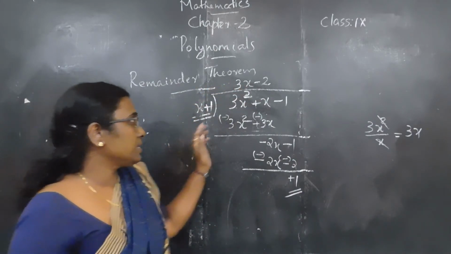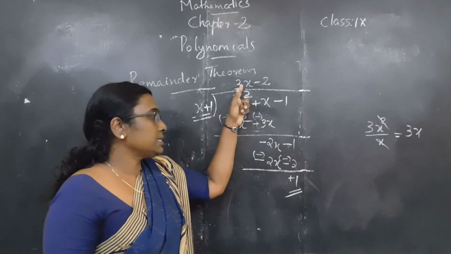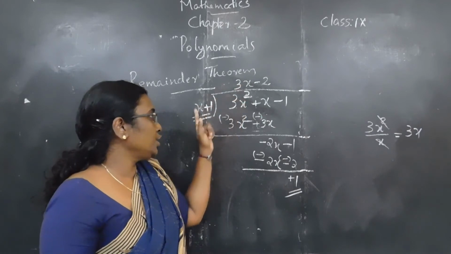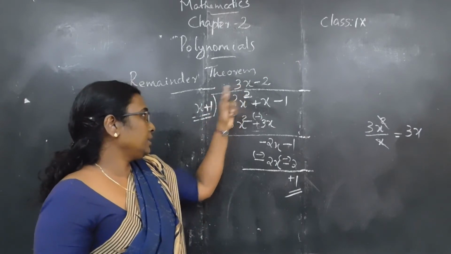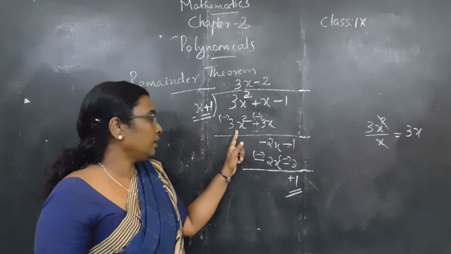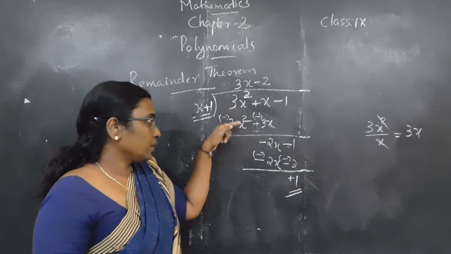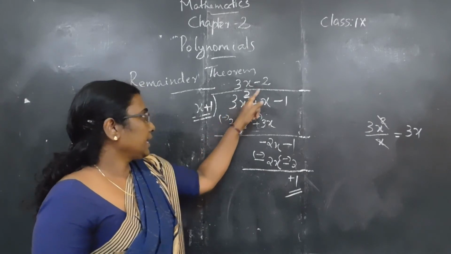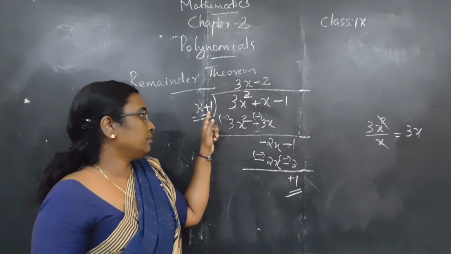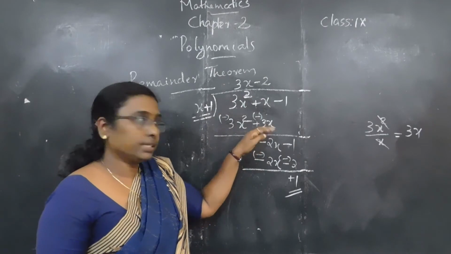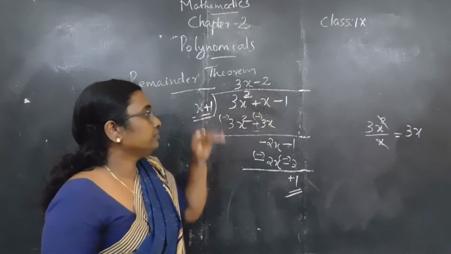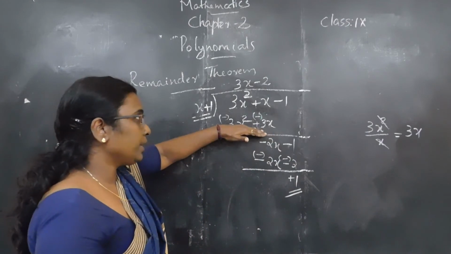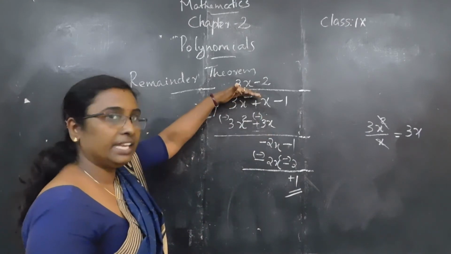Then the third step is to multiply this term with the divisor, that is 3x into x plus 1. First multiply 3x into x, we get 3x square. Write 3x square here, below the x square term. Next 3x into plus 1, that is 3x. Write 3x below the x term. Then subtract this polynomial from our dividend.